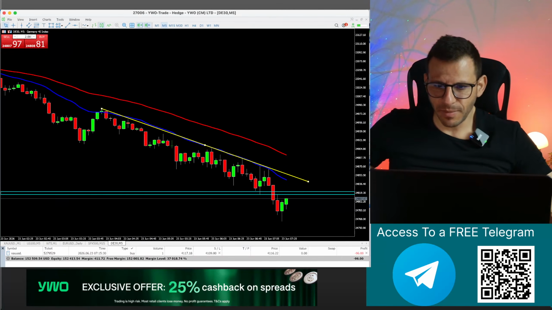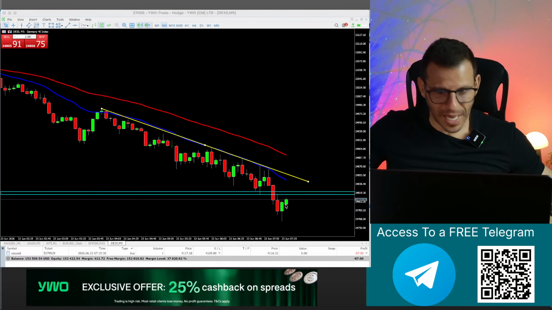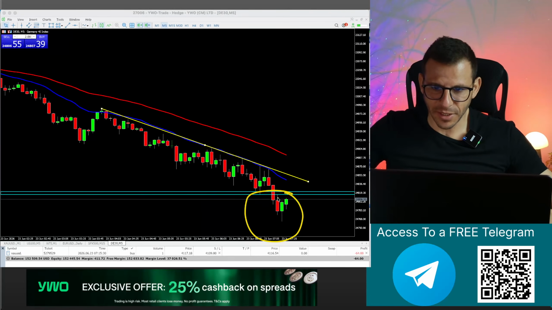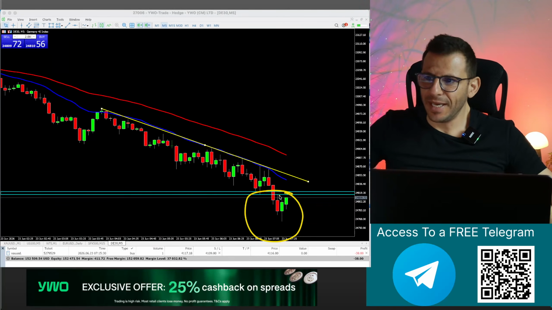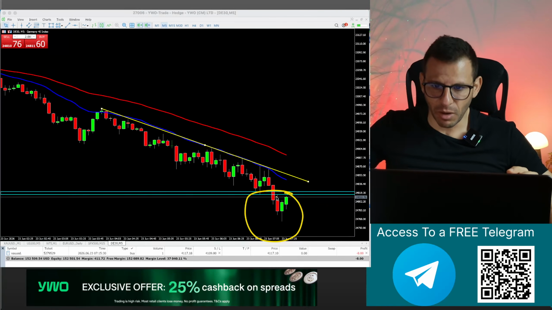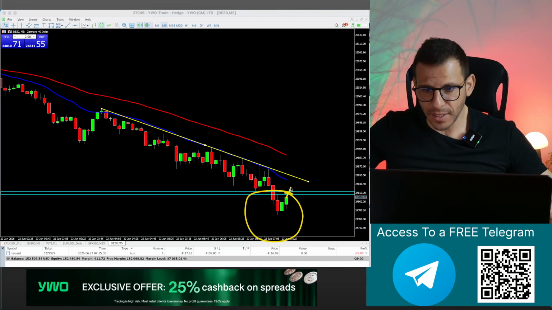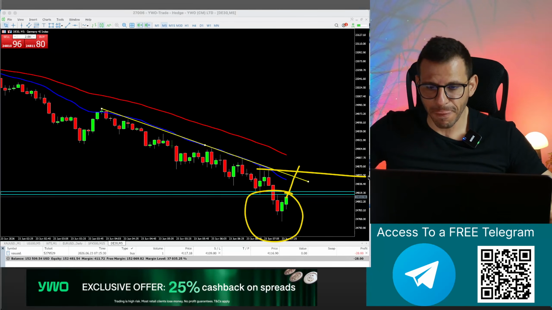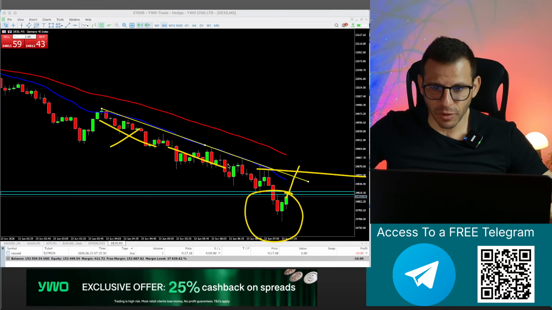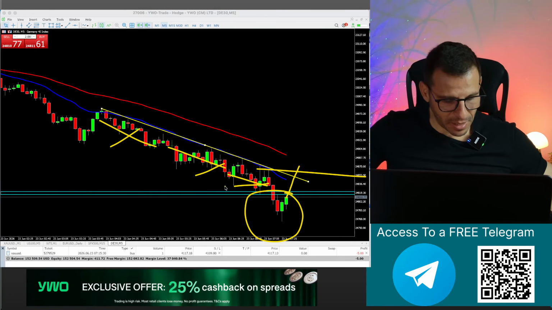We see the retracement now here. So guys, on DAX, if you are short here, it becomes a little bit suspect. If we see the price all the way up here, it means the downtrend is not valid anymore.